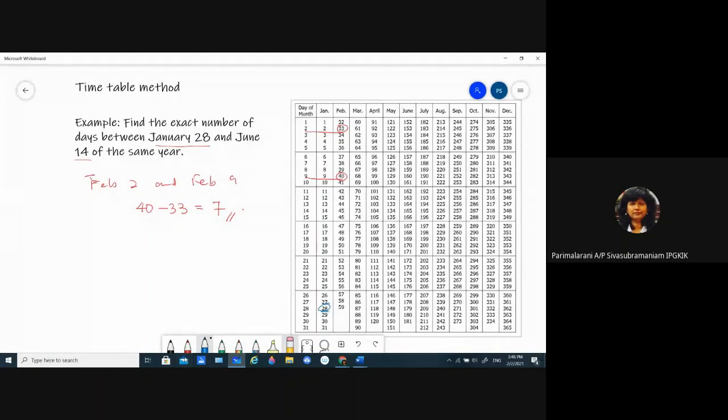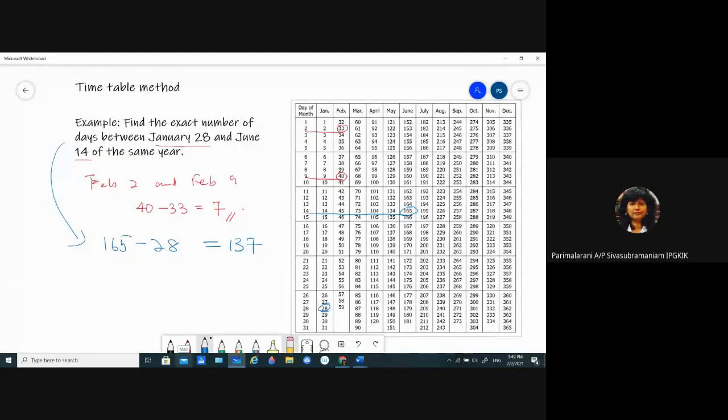For June 14, first column, we scroll down to 14 and we look along the row June. So the value here is 165. So here the time between dates is 165 minus 28. This is 137. That means there are 137 days from January 28 until June 14.